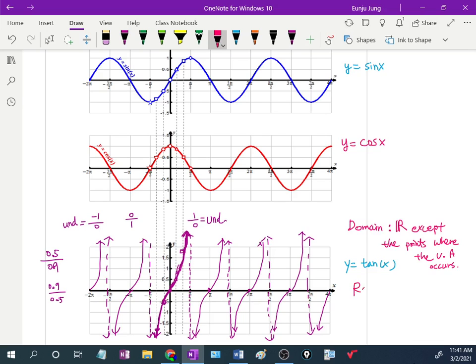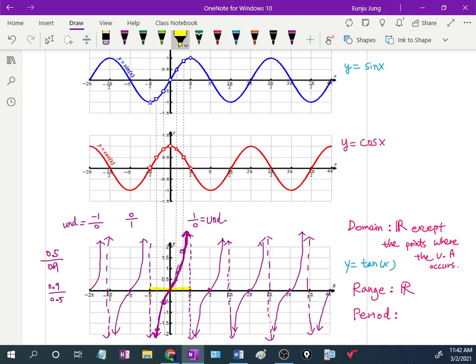What is the range of this function? By using the behavior of this function, it will be all real numbers. That's right. What is the period of this tangent function? What is the smallest interval where you see this graph as one cycle?